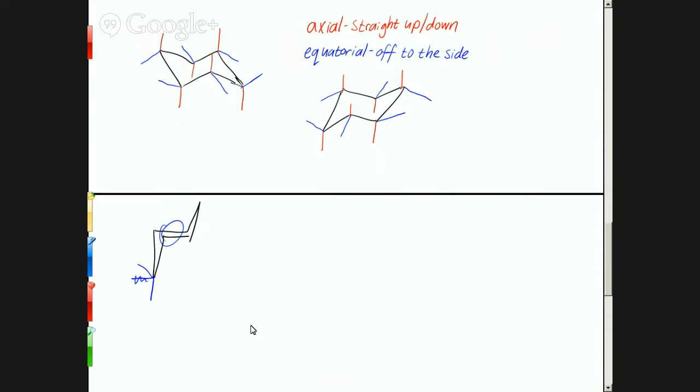Same thing goes for any type of sugar or carbohydrate chemistry. Carbohydrates make these types of conformations as well. So when you look at starch structures, or even things like sugar backbones in DNA, a lot of pharmaceutical compounds that have those types of components, it's important to be able to see how these types of things are formed.